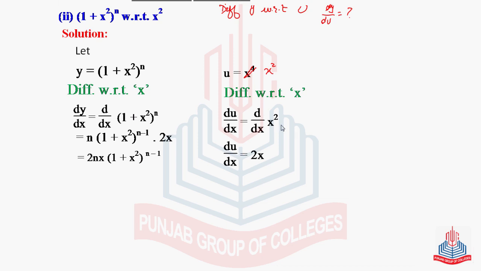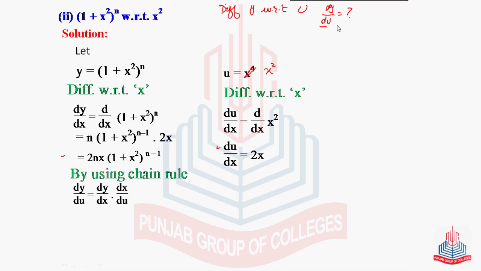So now we have du by dx and dy by dx. By using chain rule we will form dy by du. So by using chain rule, dy by du is equal to dy by dx into dx by du.